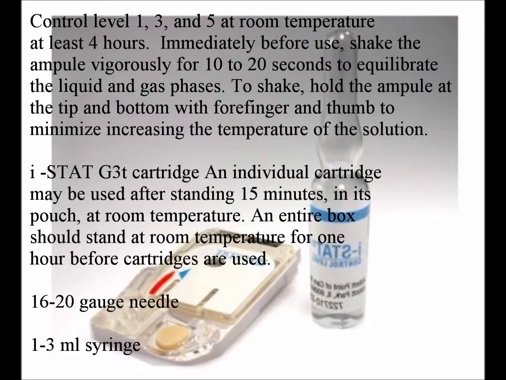The iStat G3 Plus cartridge at room temperature for at least 15 minutes out of the box. 16 to 20 gauge needles and a 1 to 3 milliliter syringe. Make sure that you expel 1 to 2 drops before inserting the sample into the cartridge.